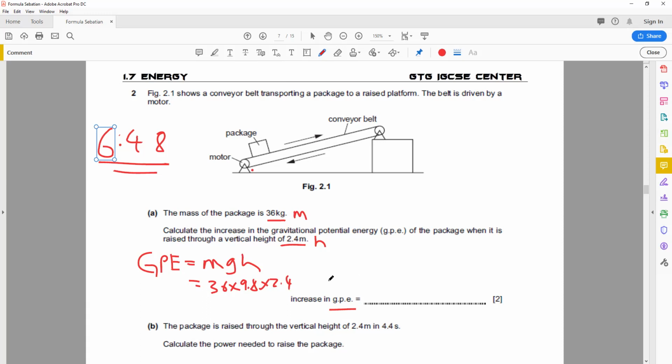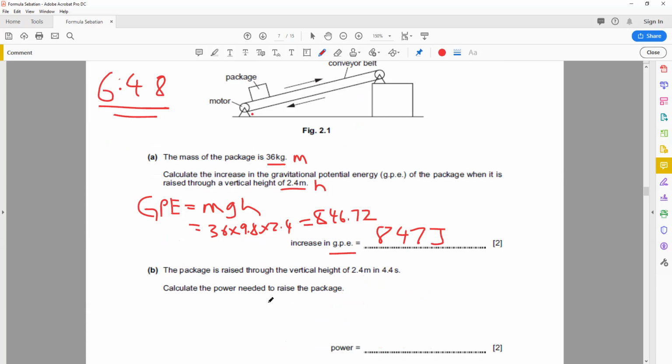Then from here, you press everything in the calculator, you get 846.72. But I've said this 1,000 times. I guess your only way you will learn is when you lose your marks in the real exam. You're supposed to get 847 joules because your answer cannot be more than 3 significant figures in the dotted line here. It's a standard. Okay.